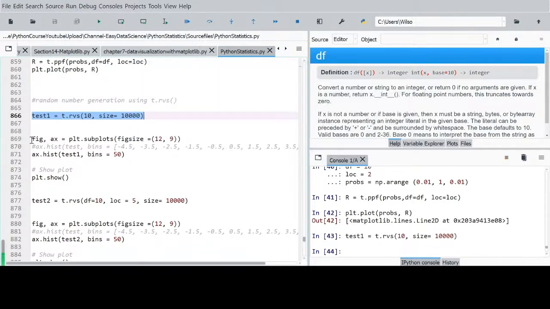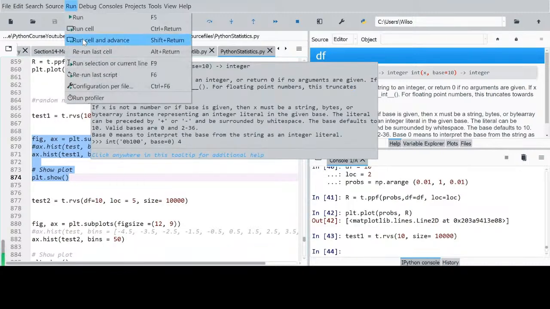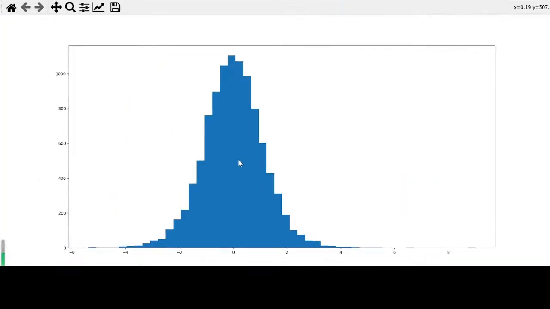Then we can plot these values in a histogram with 50 bins. This is very similar to the density curve, but it is a histogram. The shape is quite the same. It's almost symmetrical, but not exactly, because these are randomly generated numbers, so it's not perfectly symmetric.